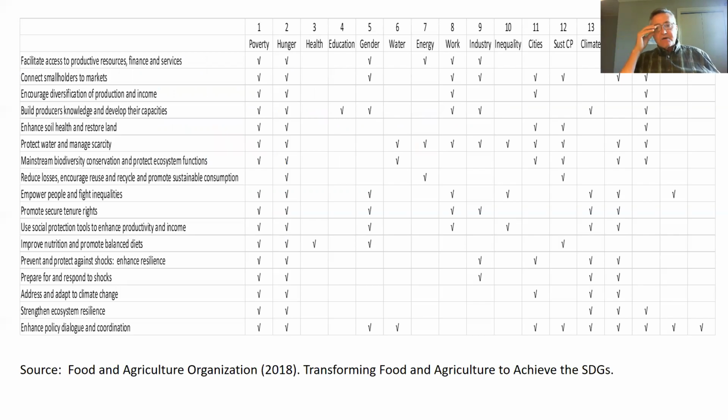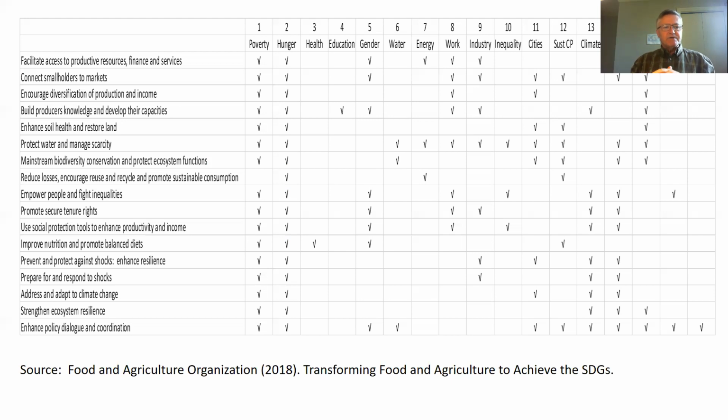So this is the last thing I wanted to say about Sustainable Development Goals relative to food and agriculture. I'm drawing upon this paper from 2018 from the Food and Agriculture Organization about transforming food and agriculture to achieve the Sustainable Development Goals. They have these, I think, 20 actions, you can count them, down the left side that they think should be taken to achieve Sustainable Development Goals.